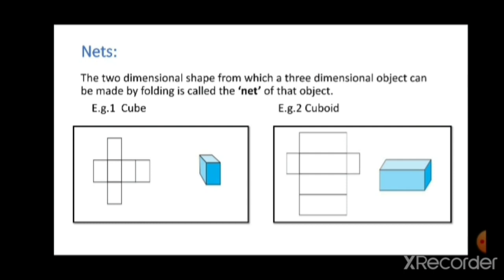But in the second example, they have shown you the net of 4 rectangles and 2 squares, so it is called a cuboid. Understood? So net means the two-dimensional shape from which a three-dimensional object can be made by folding is called a net.